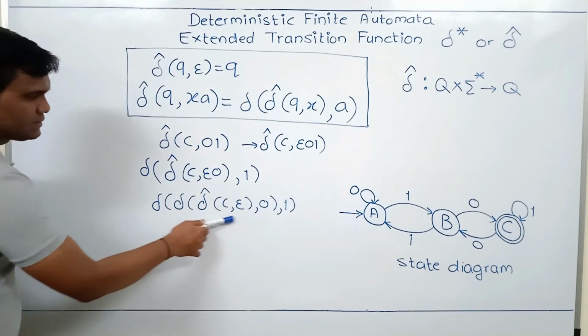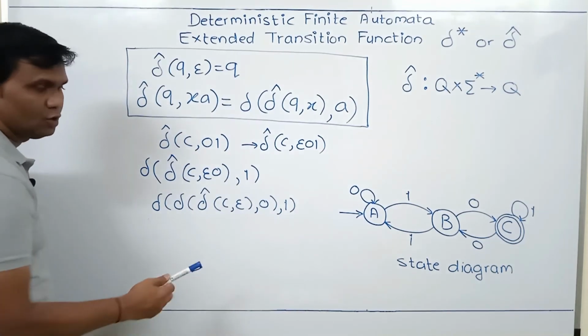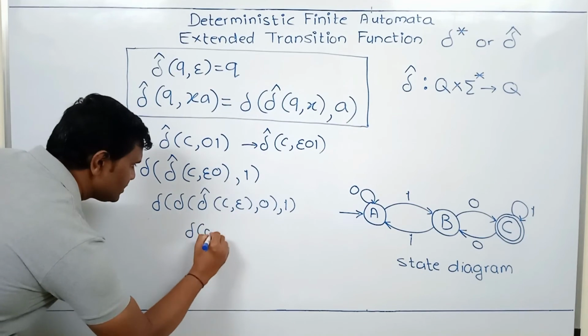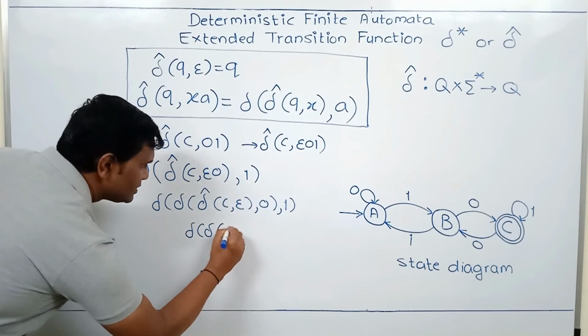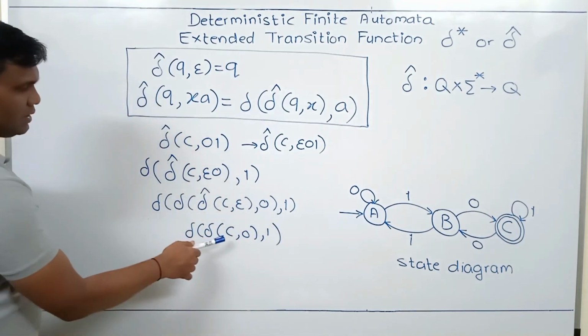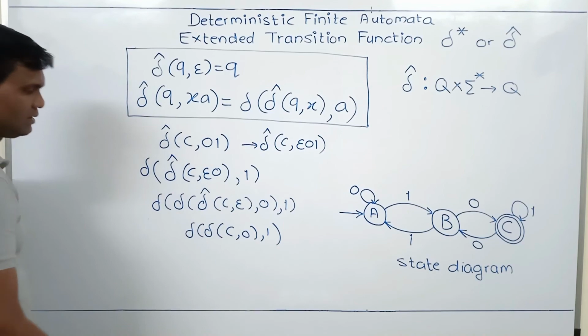So now we have this formula here. From C, if we process epsilon, we remain in the same state. So this becomes C, 0, 1. Delta cap C on epsilon gives C itself.